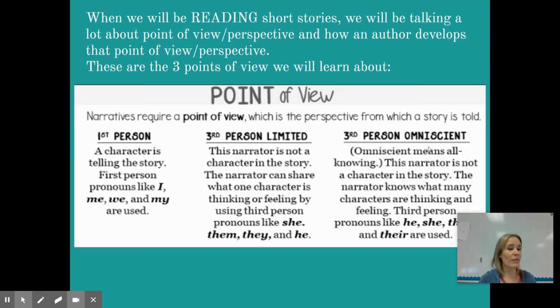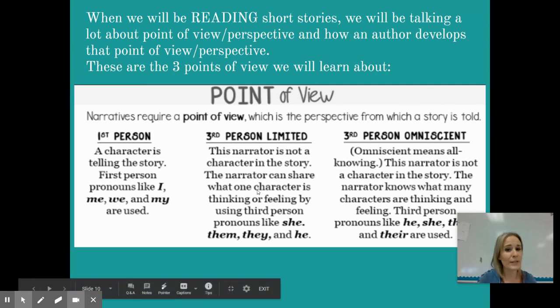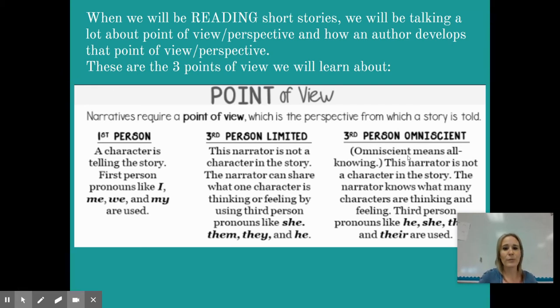So if any of you have read the book Refugee, where they have Mahmoud and Joseph and Isabel, and they have the three different characters, and they kind of switch whose point of view they're following, that would be an example of third person omniscient. Okay, it's similar to third person limited, except instead of describing one person's point of view, they'd be describing many. So those are the 3 points of view.